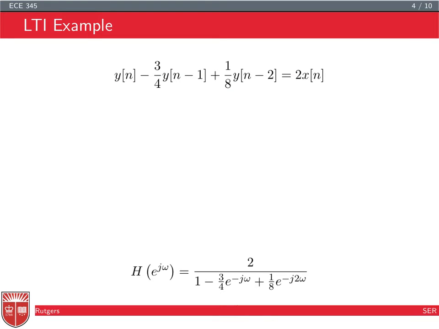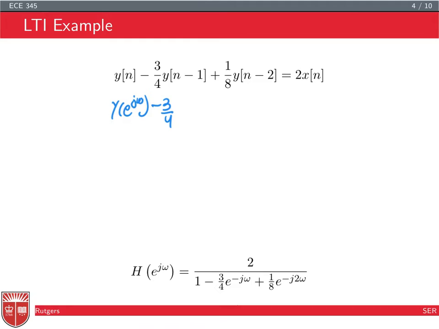Now to do this, we go back to the LCCDE and then we take the DTFT on both sides. So here the DTFT of y[n] is Y(e^jω). The DTFT of y[n-1] is a shifted version of the DTFT of y, shifted by 1 unit.